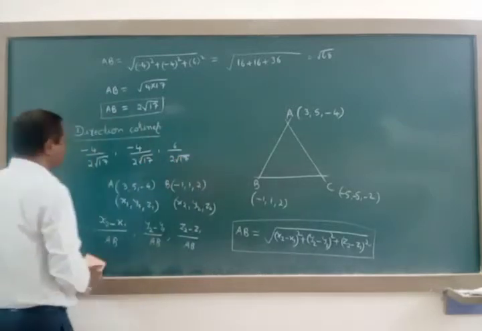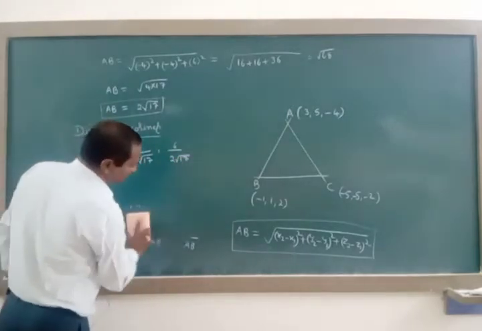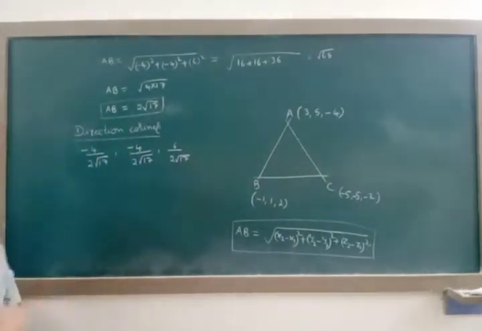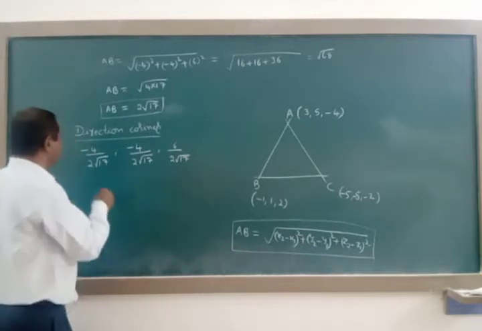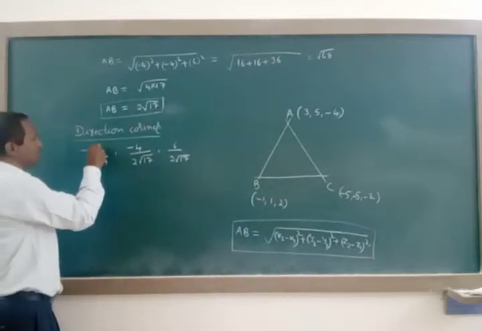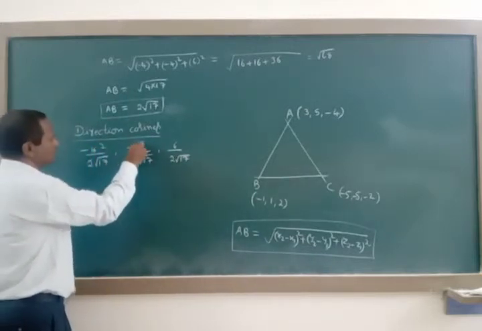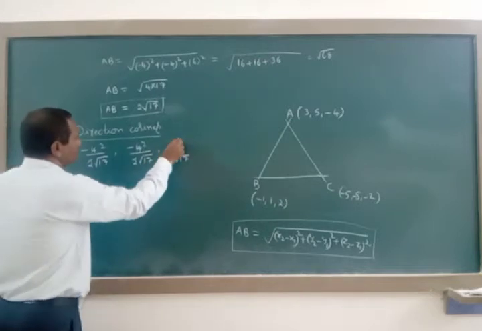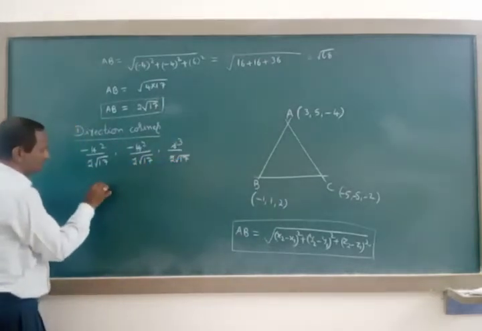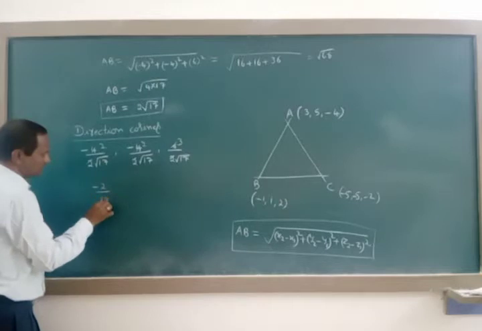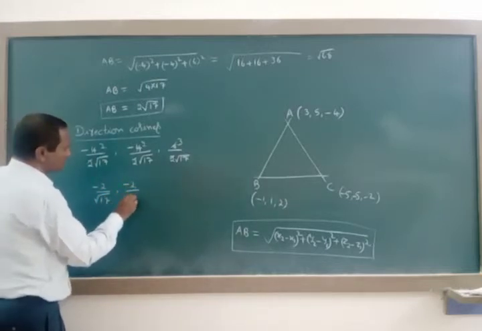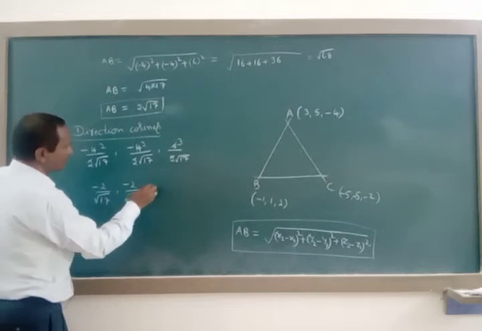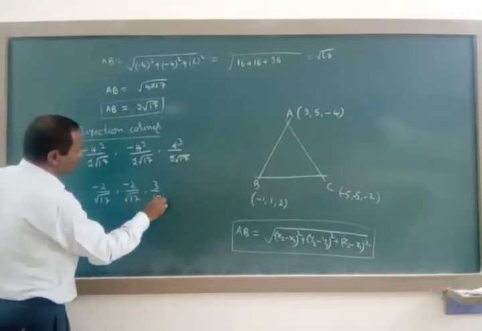Afterwards you get some cancellations, and then we get the required values of the direction cosines: 2 ones are 2, 2 twos are 4, and 2 threes are 6, that is minus 2 by square root of 17, minus 2 by square root of 17, 3 by square root of 17.